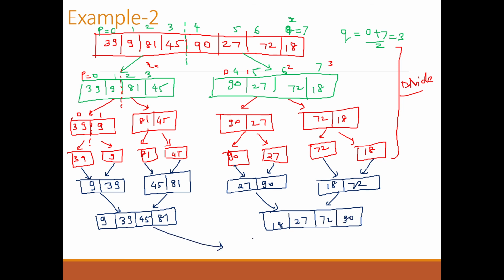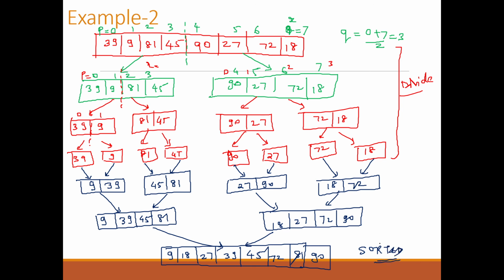And then finally these two sub arrays are also combined into the final array. So we get 9, 18, next is 27, 39, 45, 72, 81, and 90. So this is the final sorted array that we get, whereas this was the input.